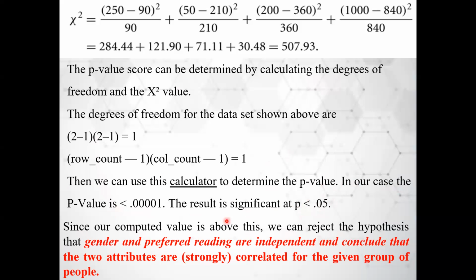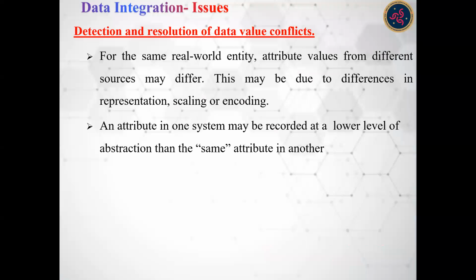Since our computed p-value is small, we can reject the null hypothesis, and we can say that gender and preferring reading are not independent but correlated, and we can conclude that the two attributes are strongly correlated for a given group of people. Okay.